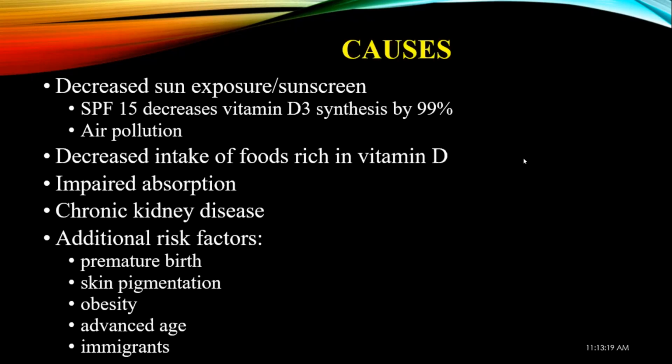In obesity, vitamin D is stored in adipose tissue and is not released. It is trapped in the adipose tissue and not released to the circulation, which makes them vitamin D deficient.